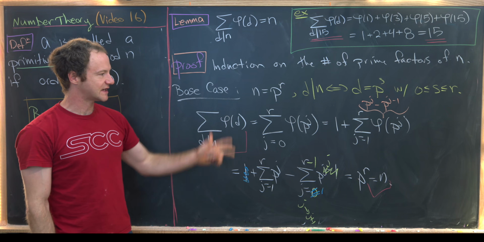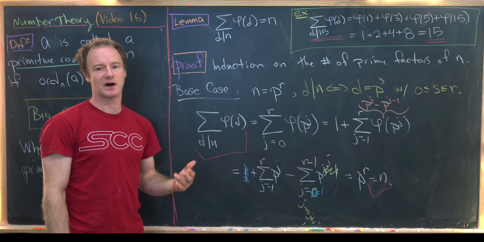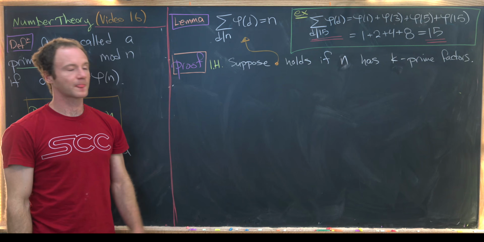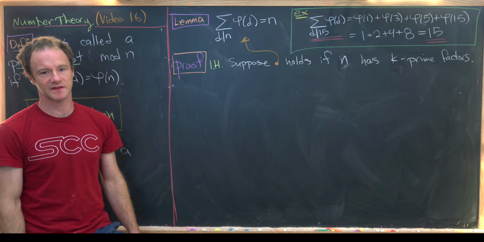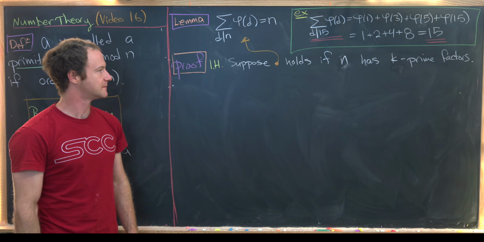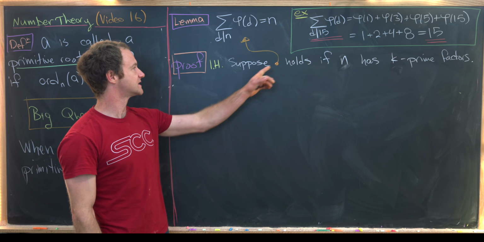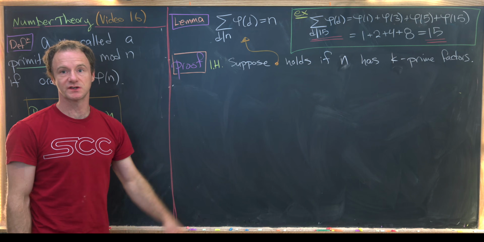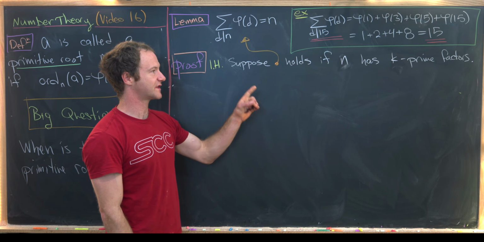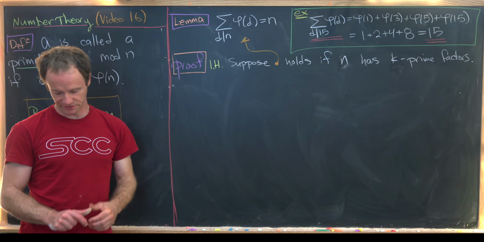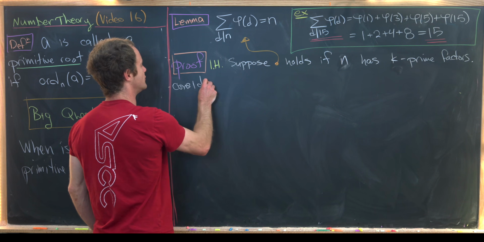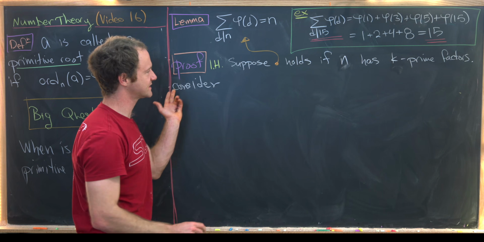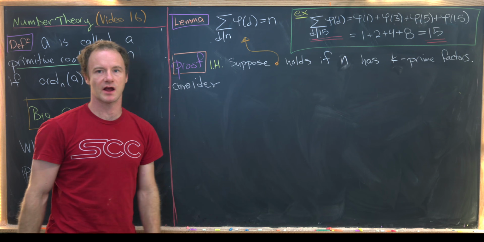Okay, so now let's get rid of this. We'll make an induction hypothesis and move on from there. Okay, we just got done with our base case. Now we're ready to look at our induction hypothesis and prove the induction step. So let's suppose that our statement holds for all natural numbers with k prime factors. And then we want to consider a new number, which I'll call n, which is a little bit sloppy because I have an n right here.